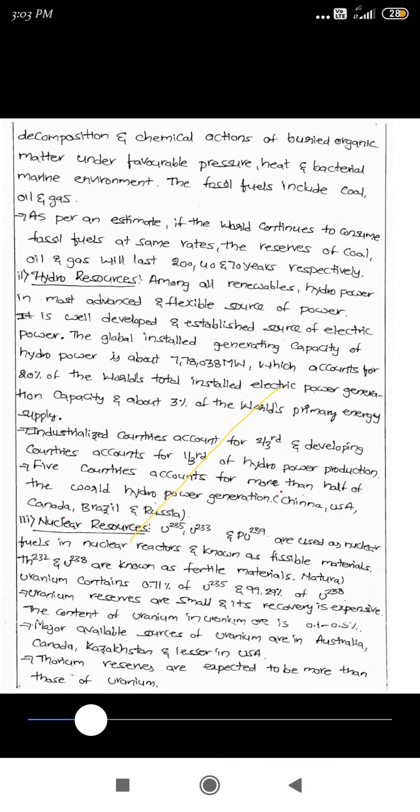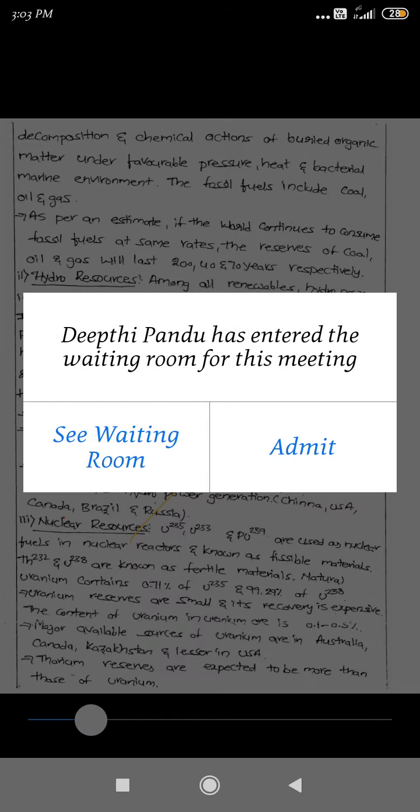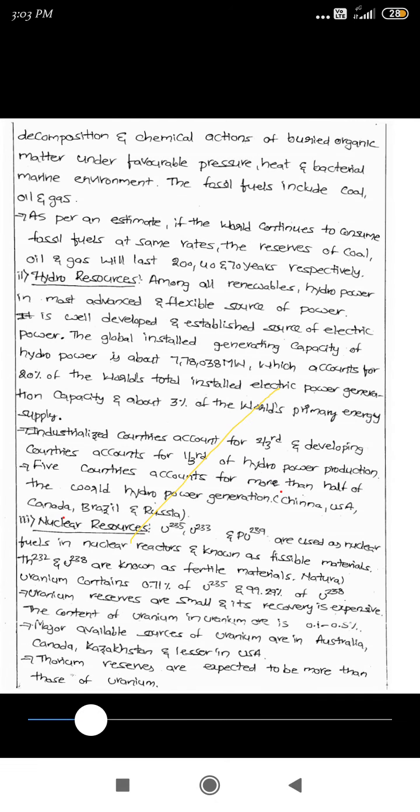And next one, hydro resources. Hydro is basically used in hydro plants, where hydraulic generating plants are adapted in hydrothermal power stations. These are all the sources; a hydro power plant takes some megawatts.